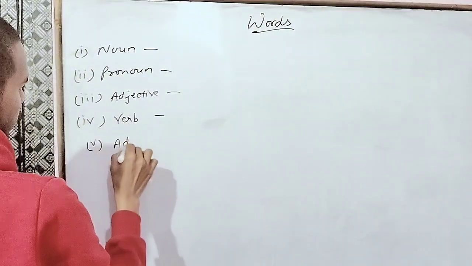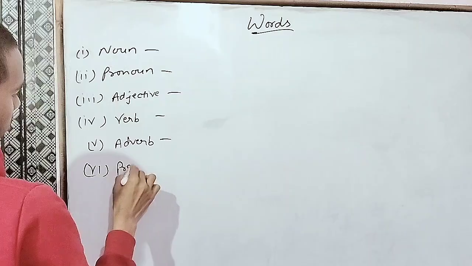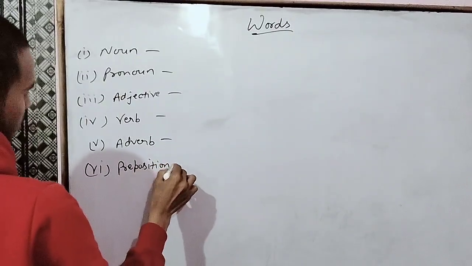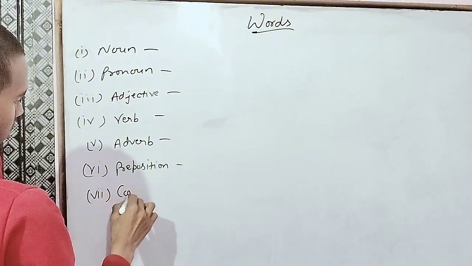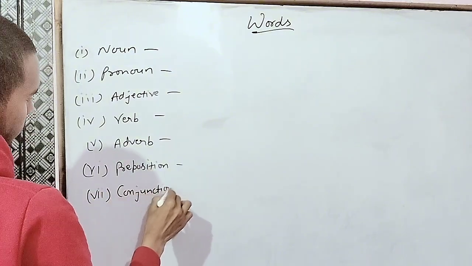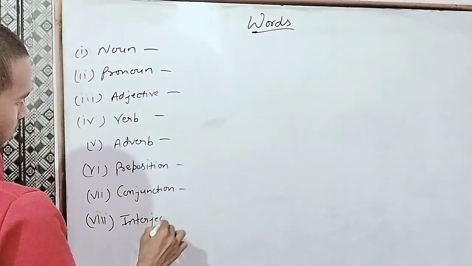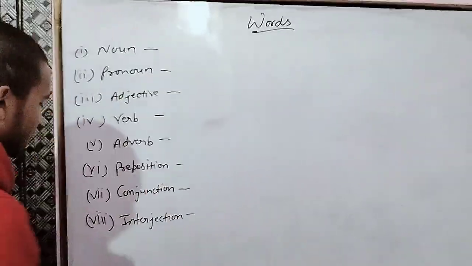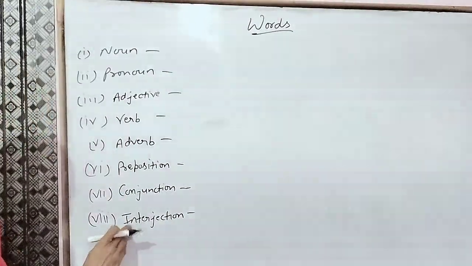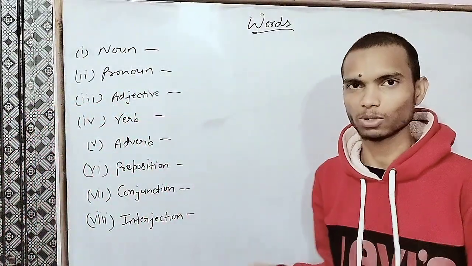Fifth is adverb. Sixth is preposition. Seventh is conjunction. And eighth is interjection. So this is also known as parts of speech.